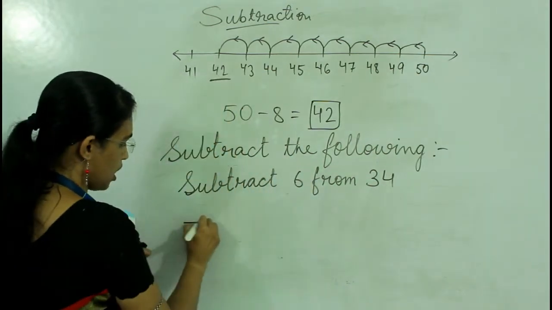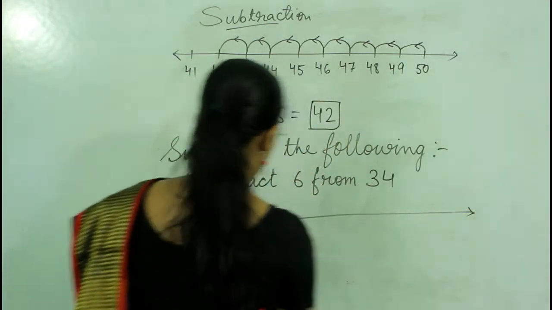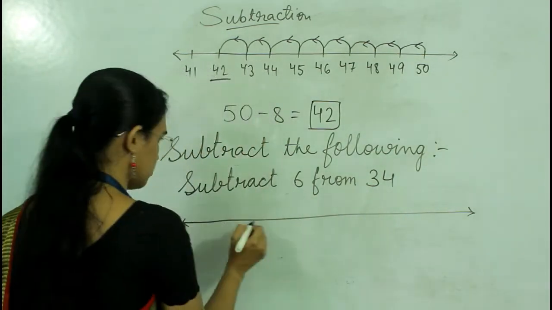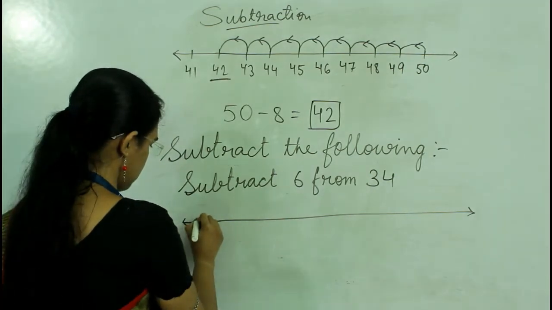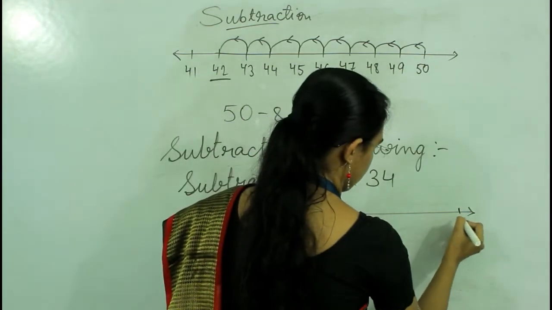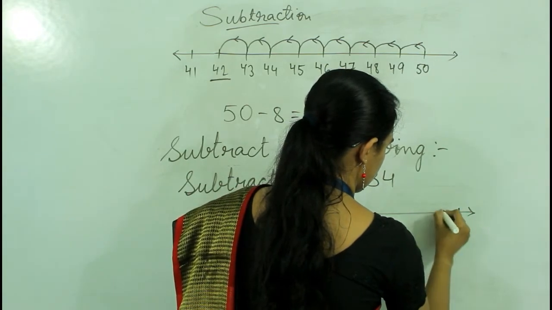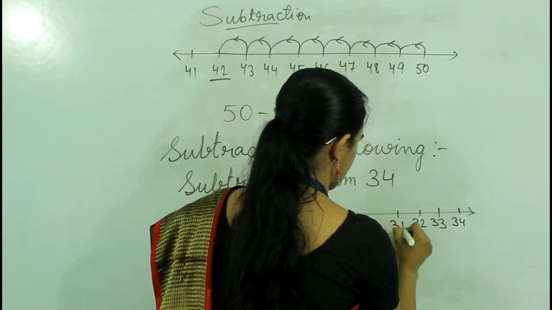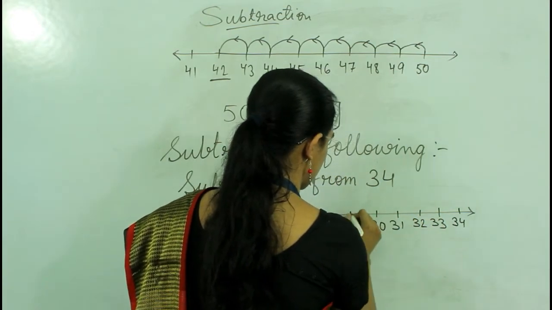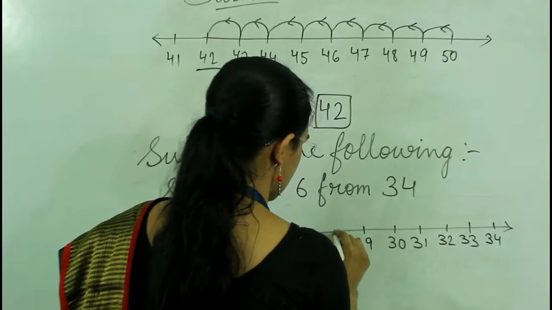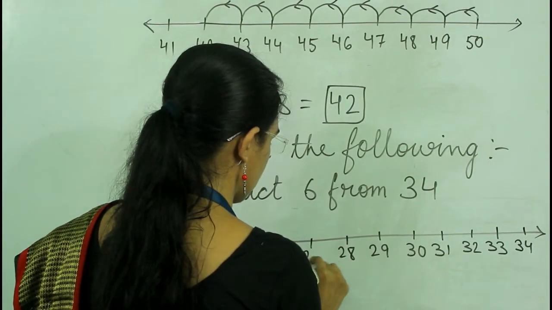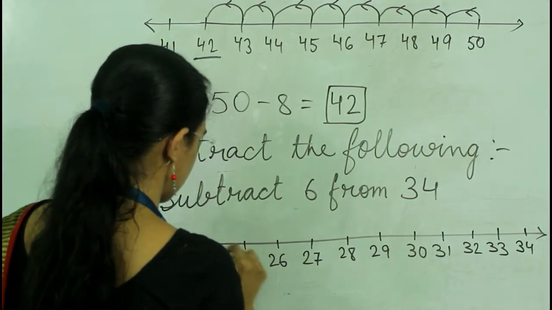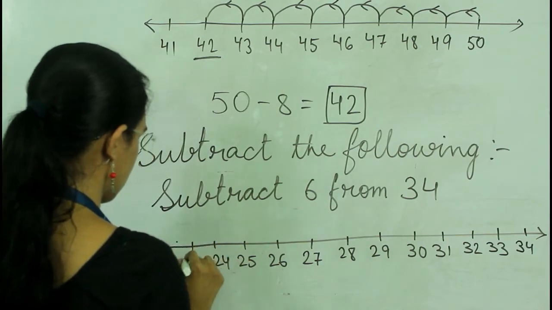Suppose I have to draw a number line and I will write the numbers. 34 is here, 33, 32, 31, 30, 29, 28, 27, 26, 25, 24, 23.